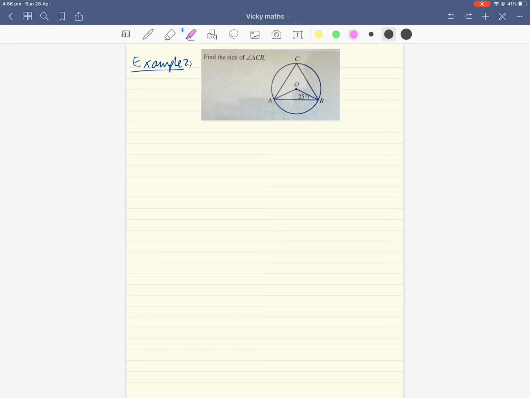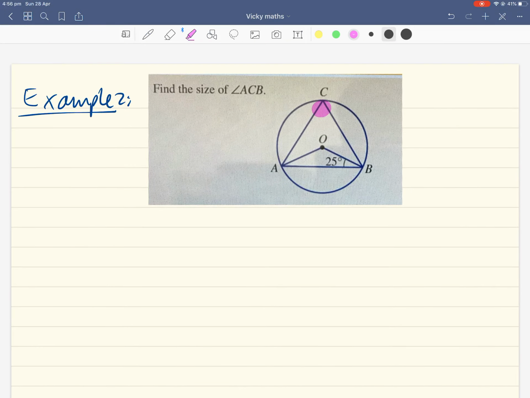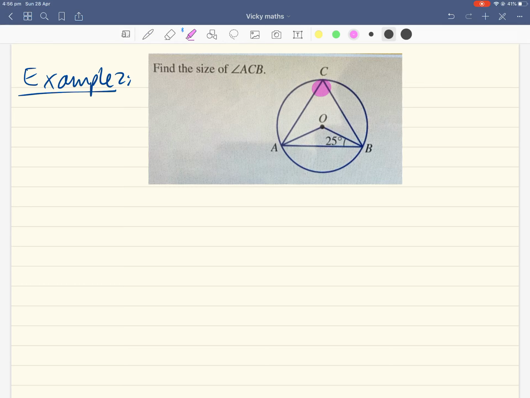So here we need to work out what the angle ACB is, so this pointy tip. Alright, so we've got a circle. We've got a pointy tip. That suggests that we should use the compass or circle theorem number 1. So if we want this pointy tip angle, then by circle theorem 1 we need that base angle as well, because we know that's twice the pointy tip angle.